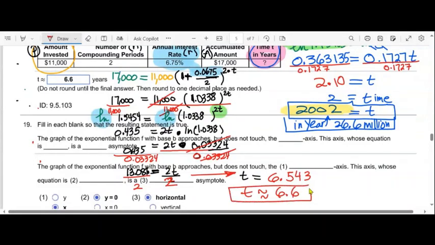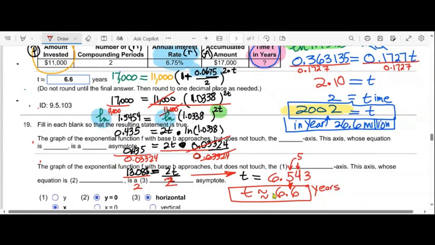In fact, because we are reducing the numbers, this 4 should be like 5, and this 5 converts to 6. So the answer is 6.6 years.